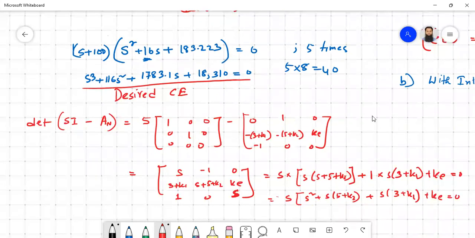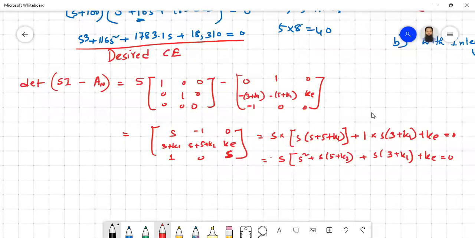From this one, you can easily see that it will be s cube plus s square into 5 plus K2 plus s into 3 plus K1 plus K equal to 0.